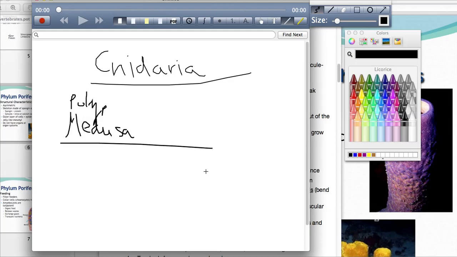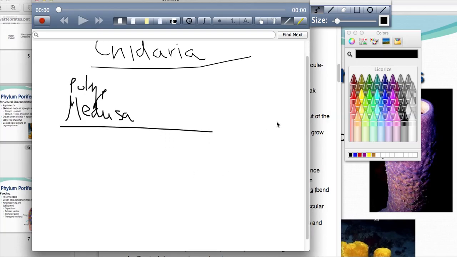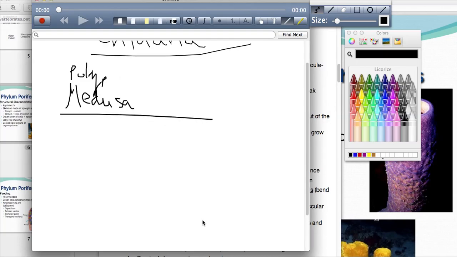Let's get into polyps. Polyps include sea anemone or hydra, but for this case, we're going to just look at anemone. So sea anemone, this is what they look like. They have tentacles which kind of just branch out of the top. And the outer layer of skin is called the epidermis. As usual, this is the epidermis.